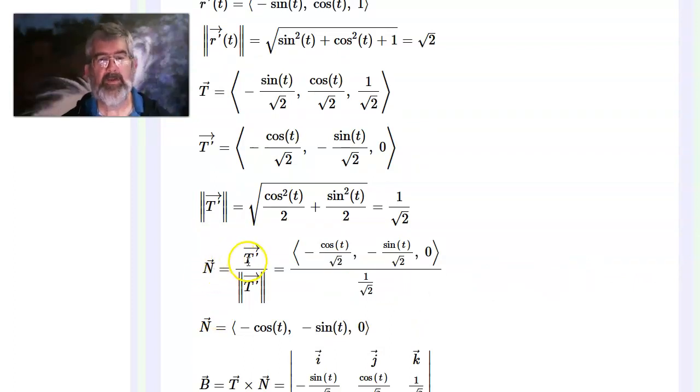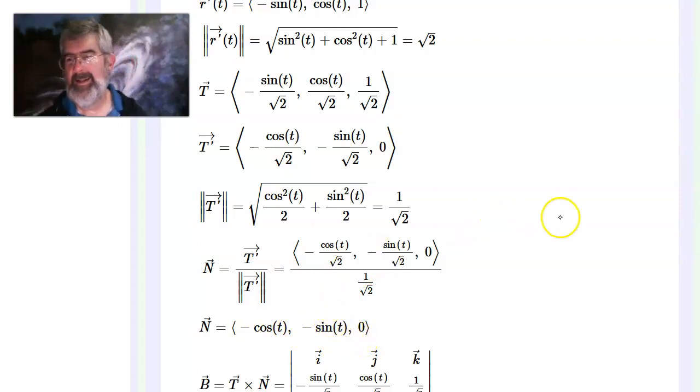So N is T prime divided by the length of T prime, which is this thing, all divided by 1 over the square root of 2. When you divide that in there, the 1 over square root of 2's cancel out, and you just get minus cos t, minus sine t, 0.